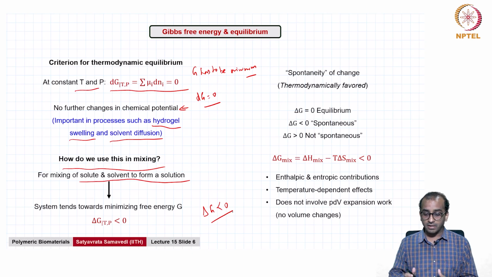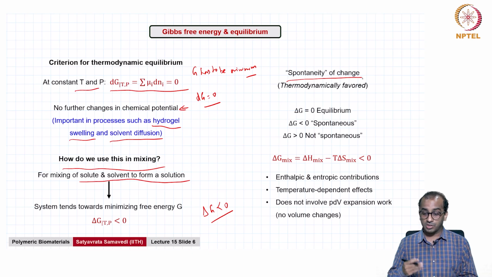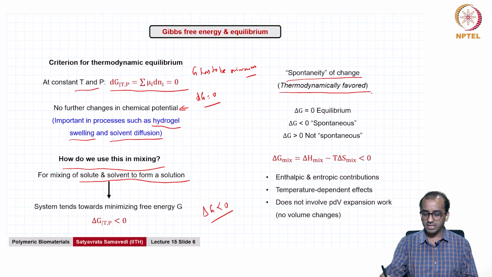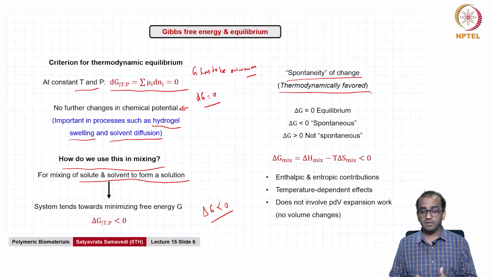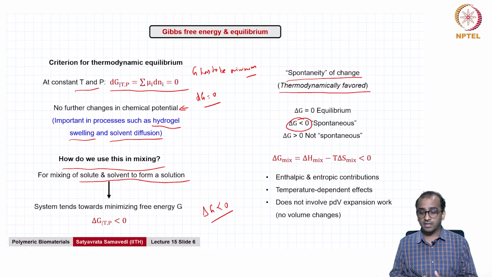This is something you might have seen in thermodynamics courses. The more correct scientific way to say spontaneity of change is a thermodynamically favored process, given by the change in Gibbs energy being negative, at constant temperature and pressure.